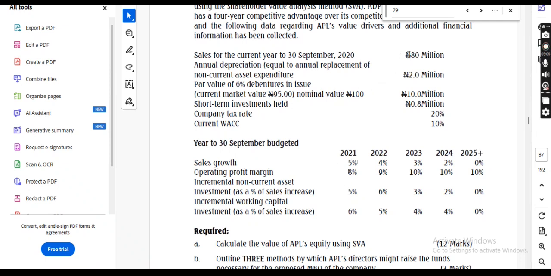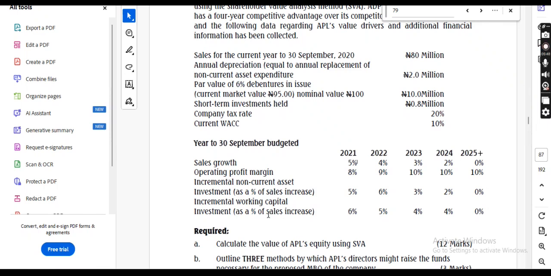What is the difference between the 80 million and the growth? You multiply that difference by 5%. It will give you the incremental non-current asset because it is a percentage of sales increase. From 80, you increase by 5% to 85, so what is the increase? If the increase is, for instance, 9 naira, you multiply it by 5% to get your incremental non-current asset.